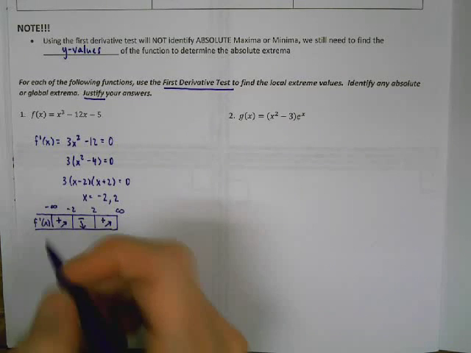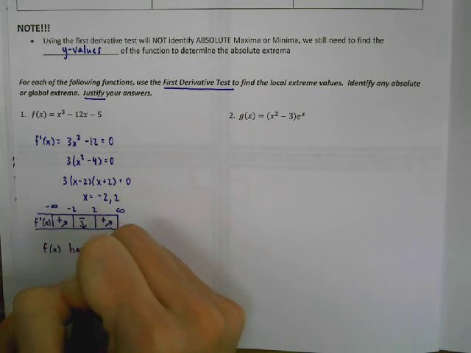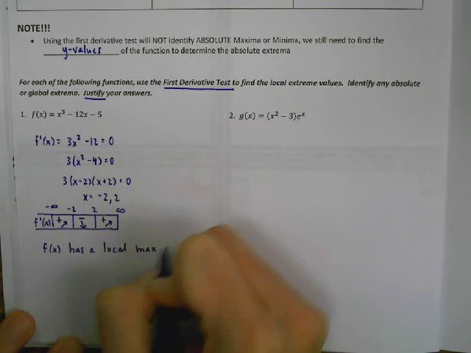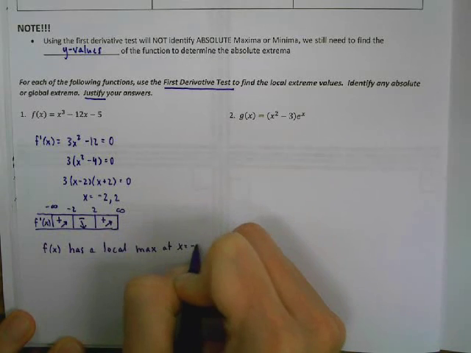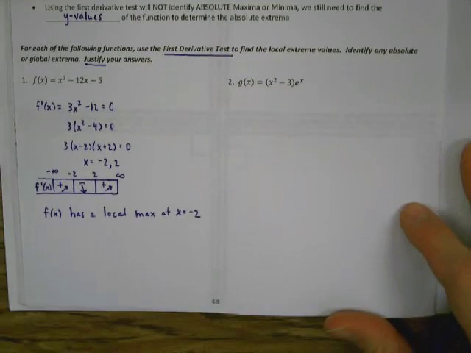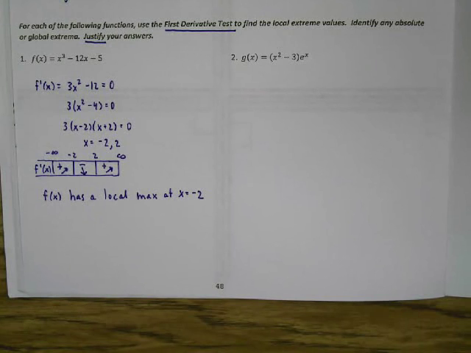So now I know that my function is going to have a local max at x equals negative 2. So f of x has a local max at x equals negative 2. And again, that's not new. We already knew how to do that before from our graph sketching and analyzing f prime section. What's new probably is just using the first derivative test to justify our answer.